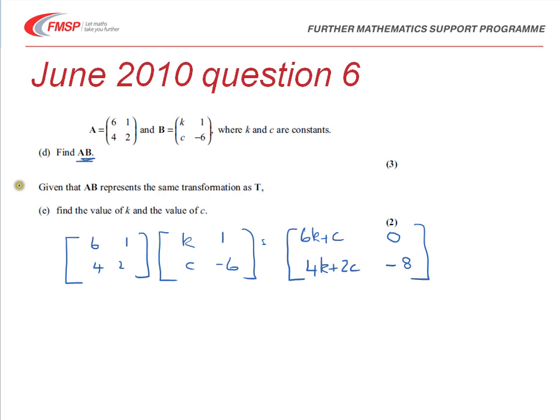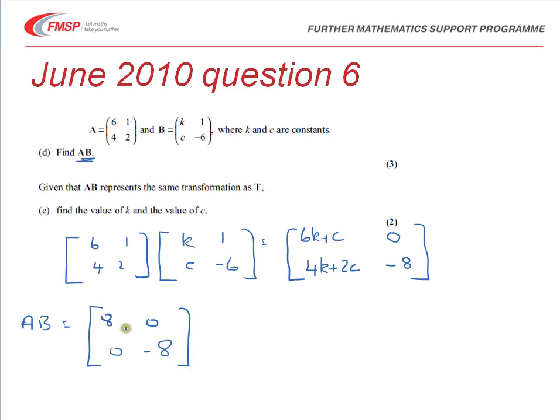Given that AB represents the same transformation as T, the one that we had before, we're given that this is equal to that matrix before, which was 8, 0, 0, and negative 8. So this is simply a way of getting you to realize that we can write down a pair of simultaneous equations.